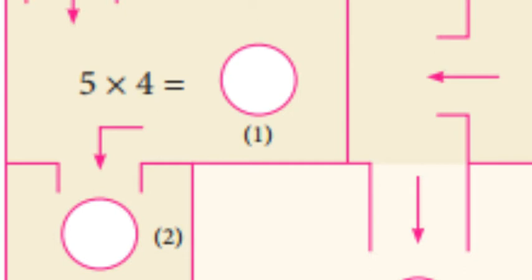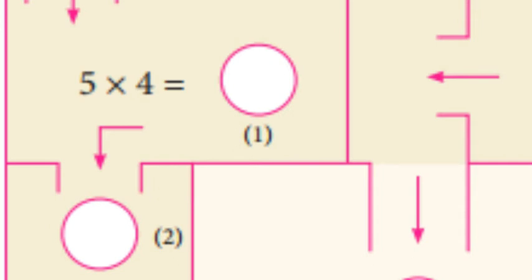What is multiplication? Children, multiplication is the repeated addition of numbers, isn't it? Here, we have to find the answer of 5 into 4. That is, we have to add 5 4 times.